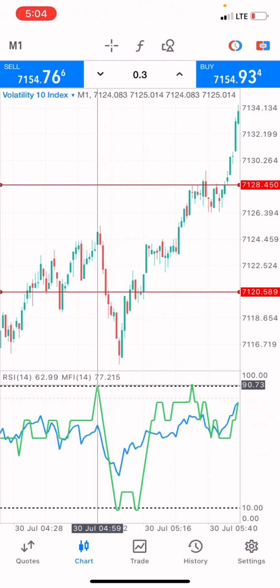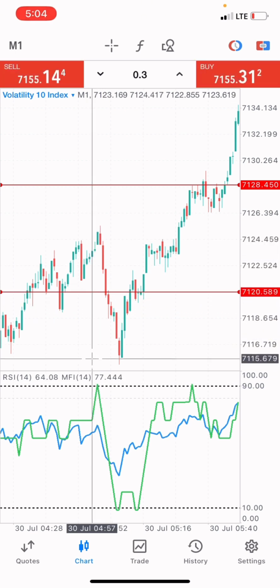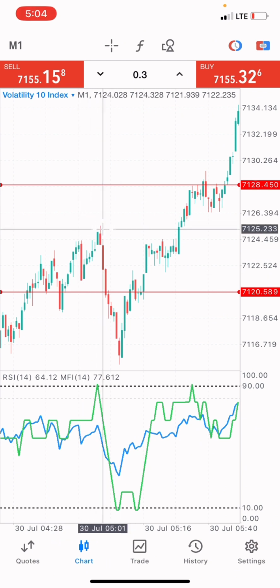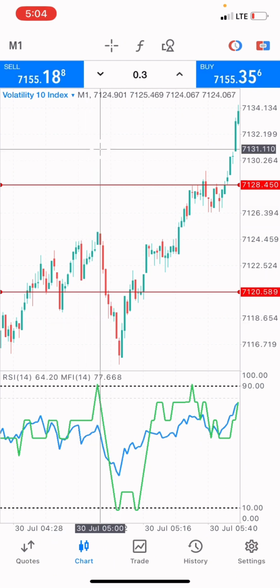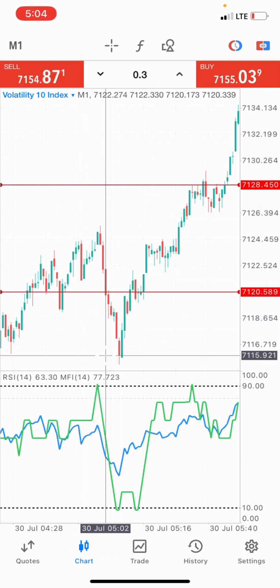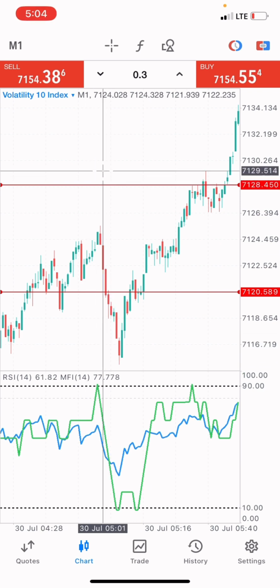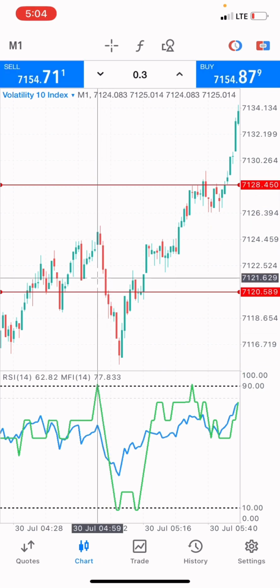Now right here, if you notice, the MFI crosses the level 90, but the price action, you can see the market right here is in the middle of this line. It's not below and it's not above at this point, so you can't enter the market at this point.